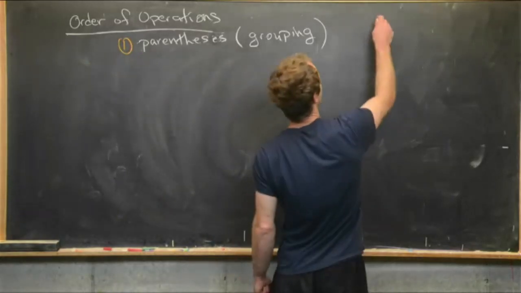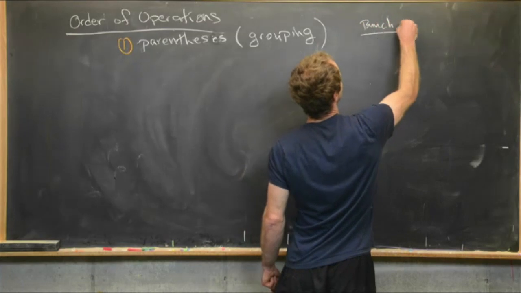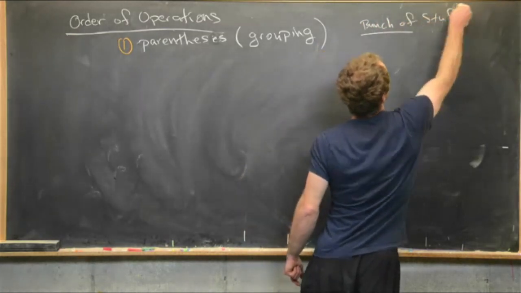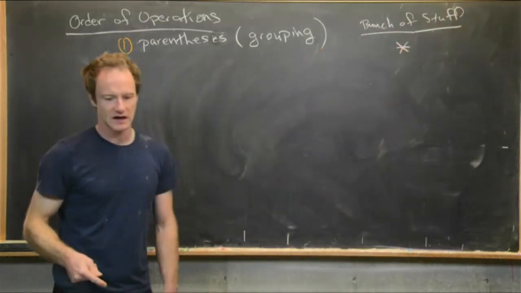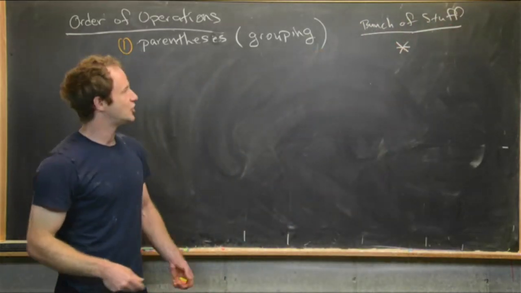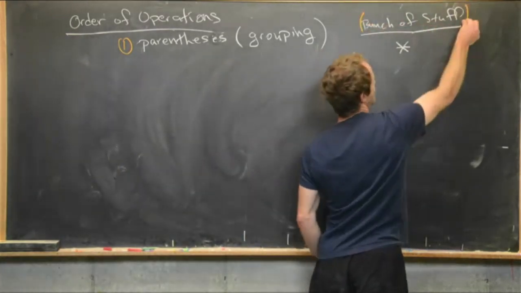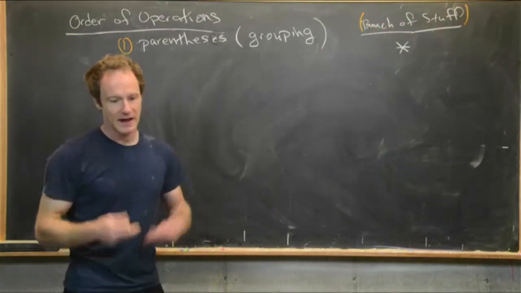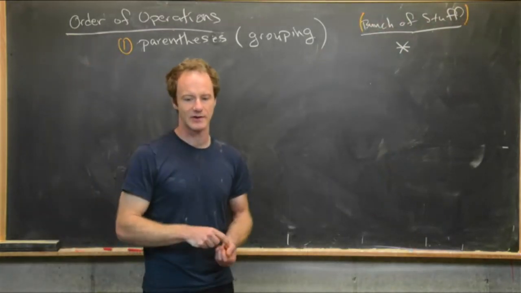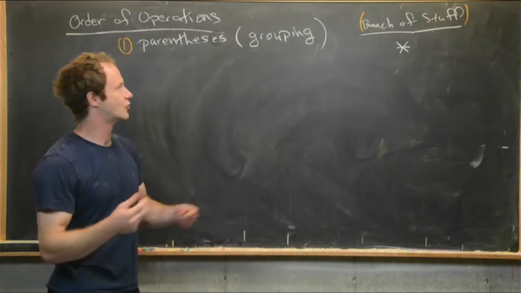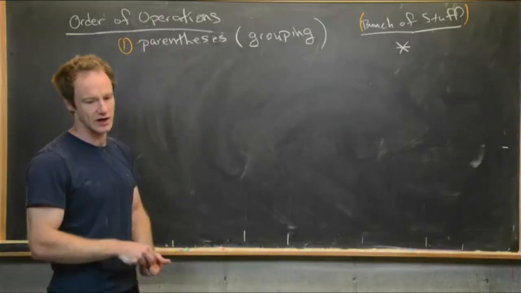If you have a fraction and there's a bunch of stuff in the numerator and then maybe just one thing in the denominator, you want to think about this bunch of stuff as being inside invisible parentheses. Being inside the numerator of the fraction, or even inside the denominator of the fraction, is like being grouped together. And so that goes in this first round of doing parentheses.